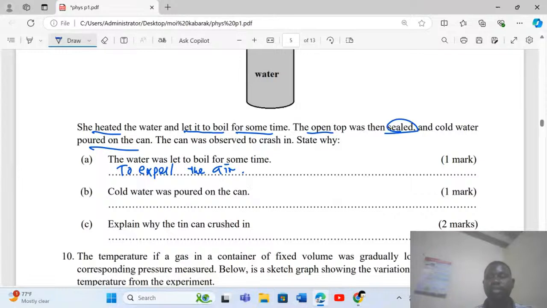Therefore, if you suddenly pour some cold water, then during the condensation period, you're going to create a partial vacuum. Therefore, the purpose of this is to condense the steam.